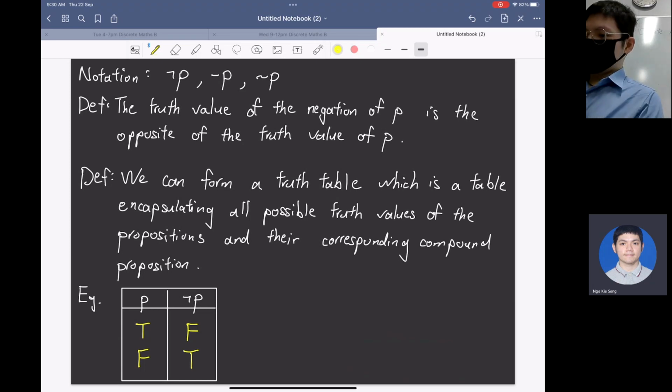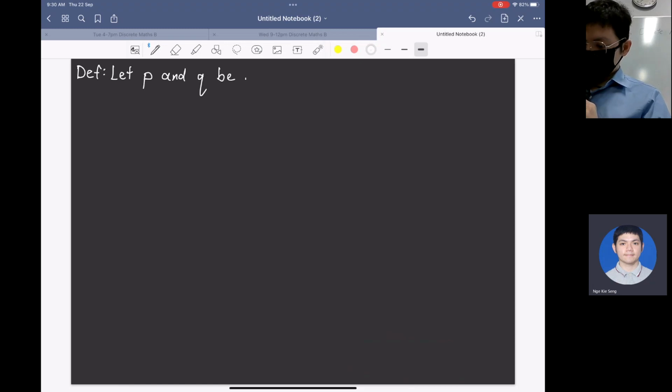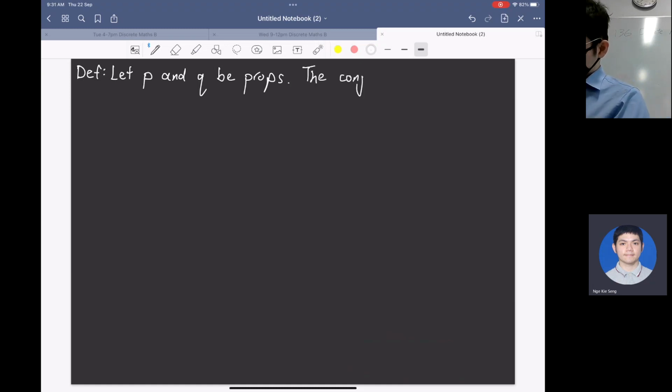Okay, next. So in ordinary speech or writing, you use "and" and "or" to connect sentences. Similarly in logic. So now we are going to define "and". So let P and Q be propositions. We will call it the conjunction.